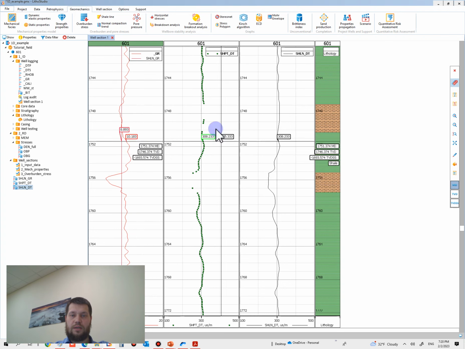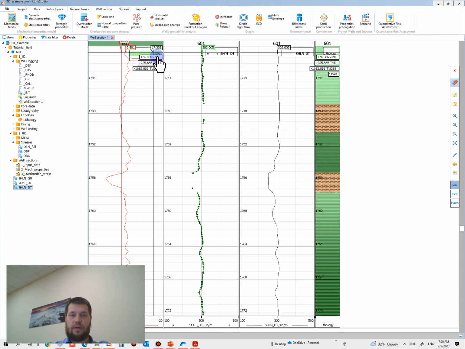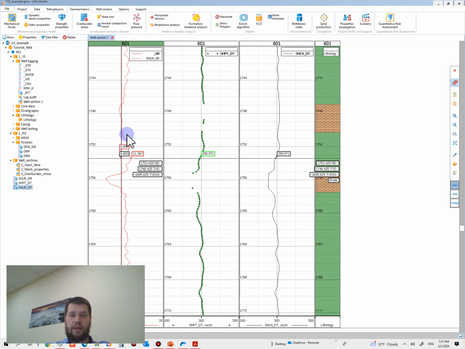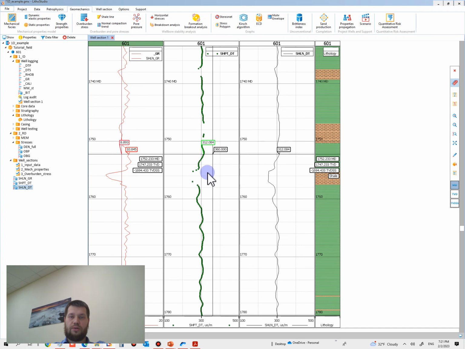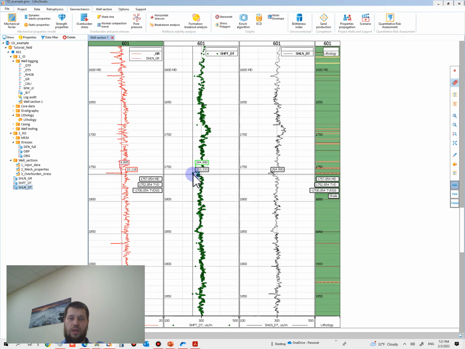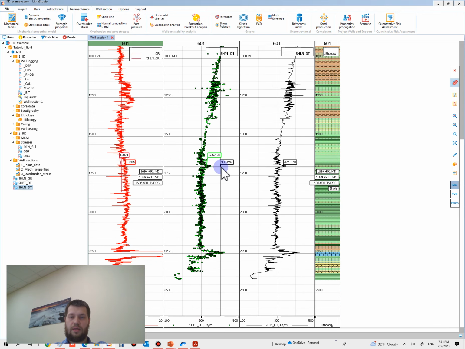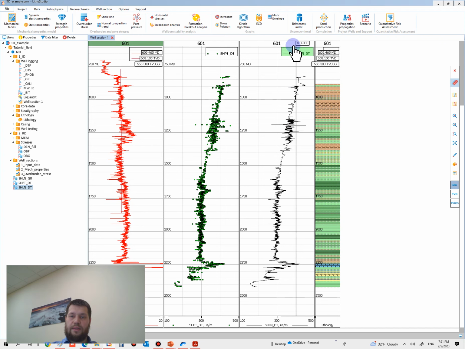We see shale points only where gamma ray is more than the shale line, where there are clays, and we don't see shale points where we have sand. Okay, now this Shale line DT curve will be the base for calculation of pore pressure.